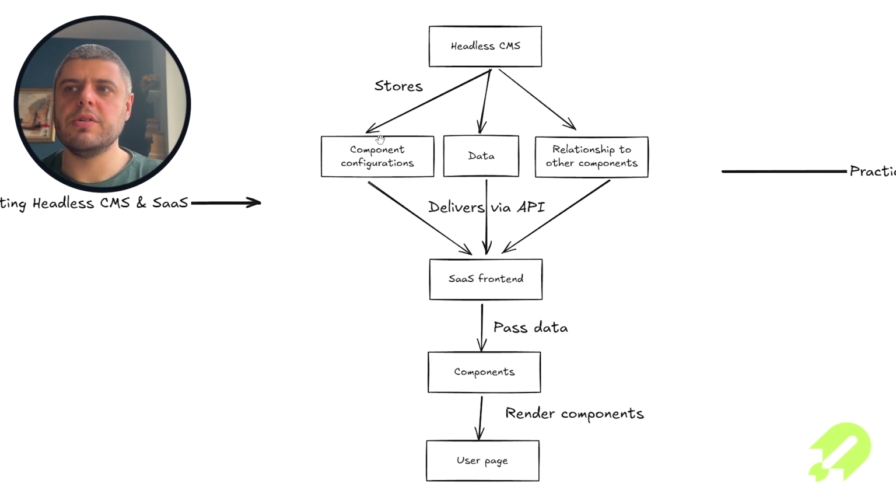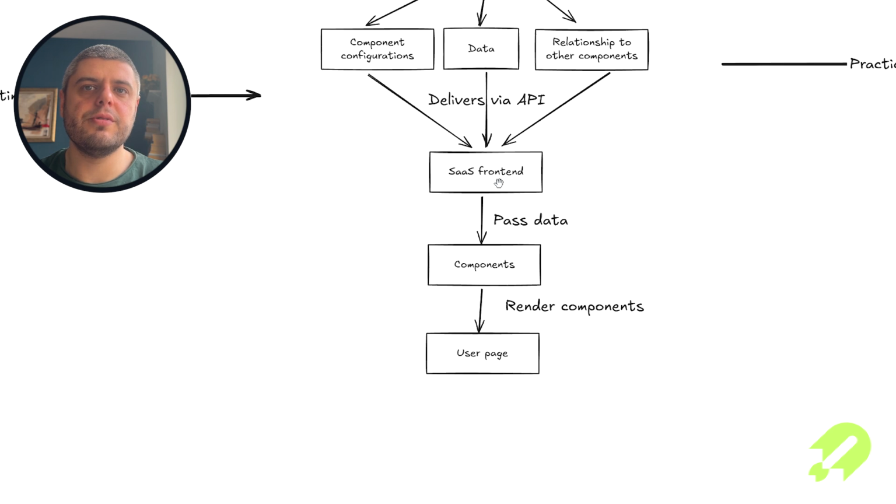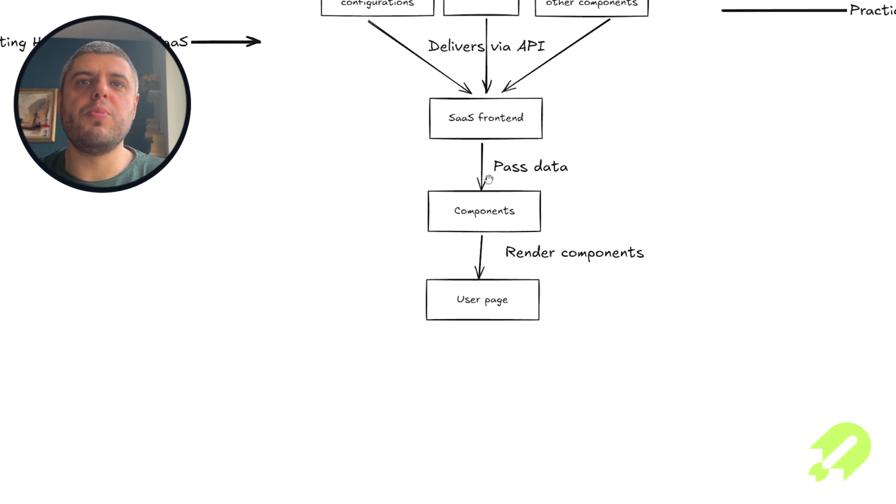So by managing your component configuration in a Headless CMS admin panel, you can provide that information via APIs to the SaaS frontend that you're using. And usually the SaaS frontend will pass that data to components that you have either built or you're using from a UI library, and that will render your page.